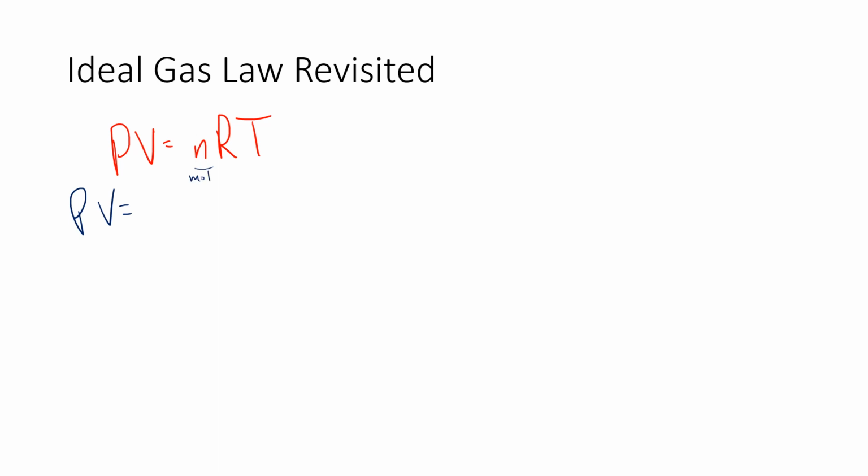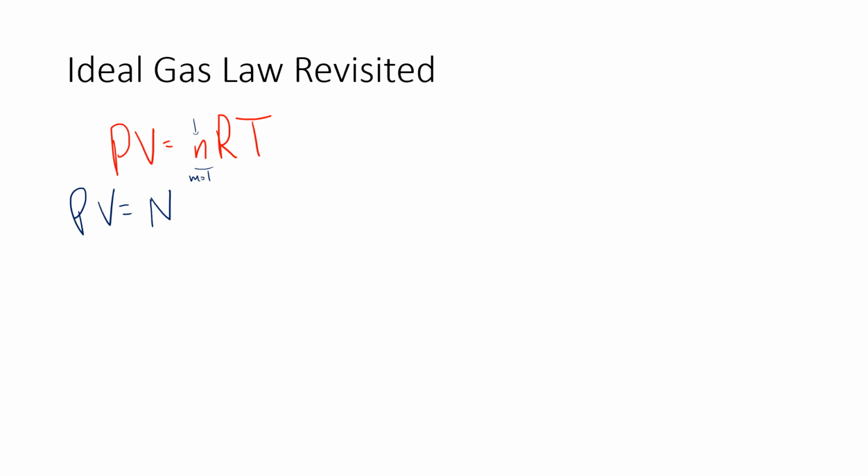I want to talk about on a particle by particle basis. All right. Now for just particles, I'm going to use a capital N for number of particles, right? So this is a particle as opposed to this guy here, which is a mole or whatever number it happens to be.